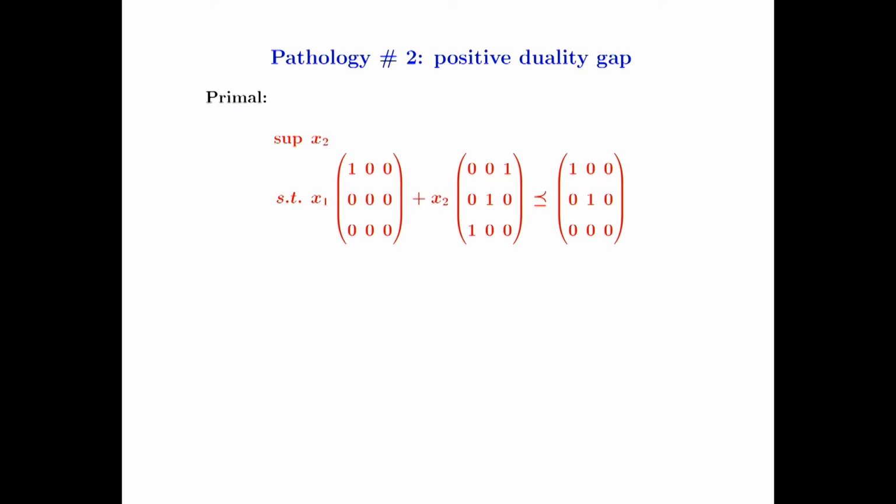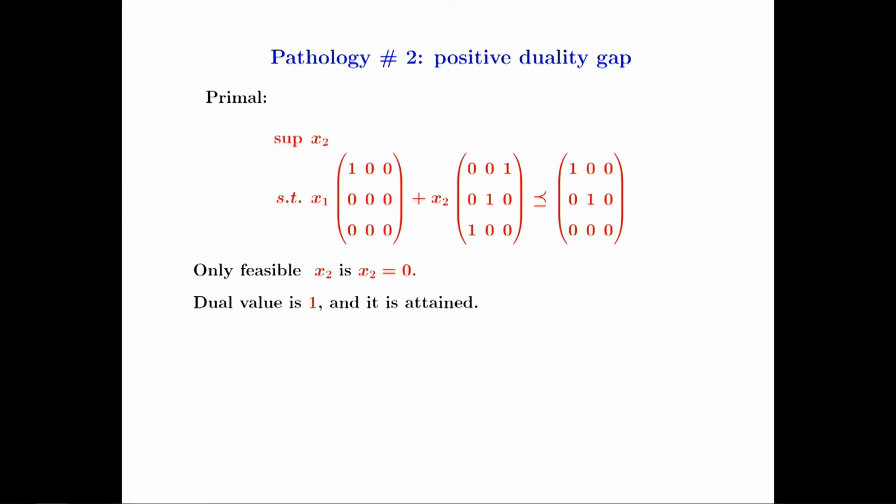So the x2 always has to be equal to 0, right? So that we can figure out. But the dual has an optimum value which is attained. That takes a little bit of computation, so I'm not going to show every detail, but one can figure that out. So there's a positive gap. So far, these are the two examples.